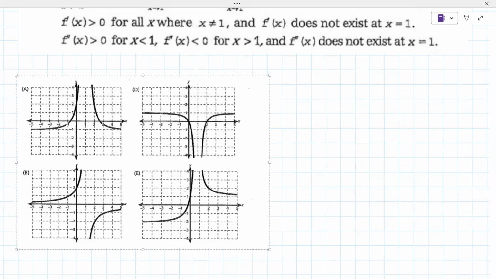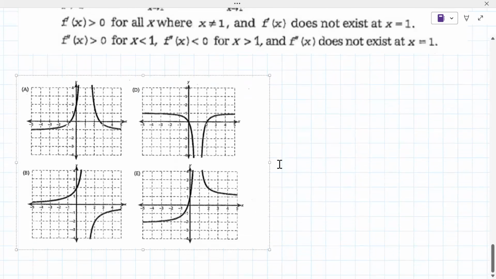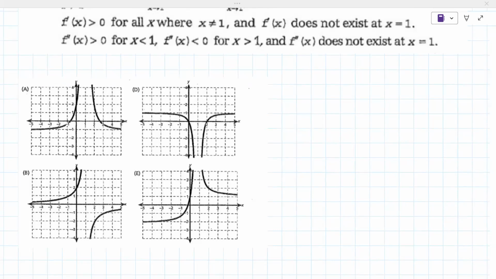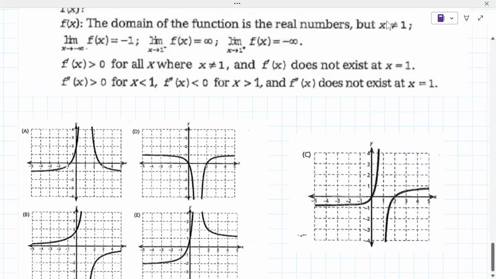Do any of these graphs have this behavior where they're all real numbers except for a -1 or a +1? Wait, can you go back to the problem?